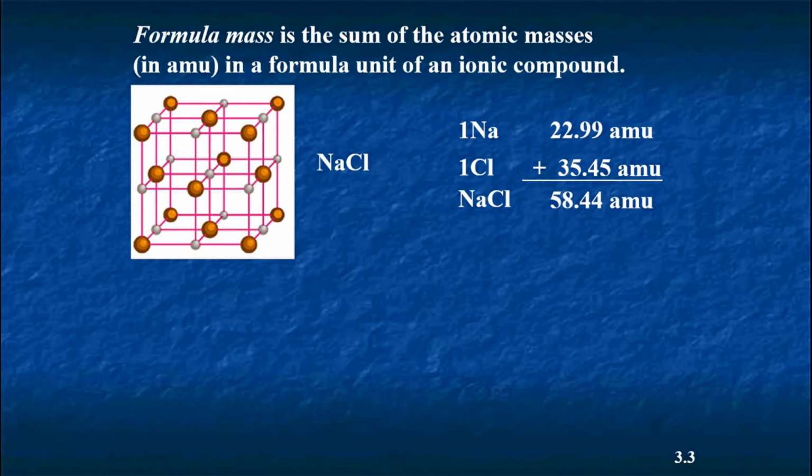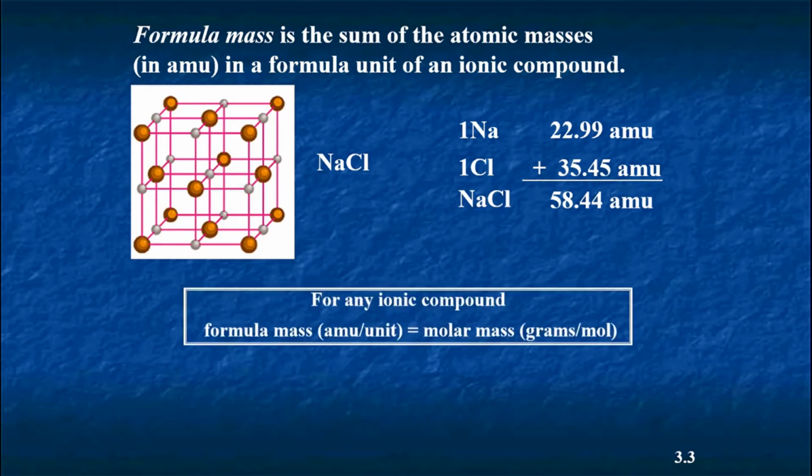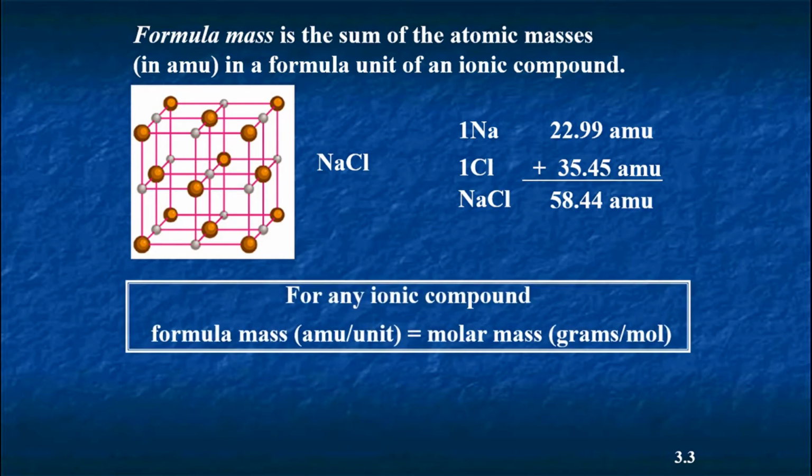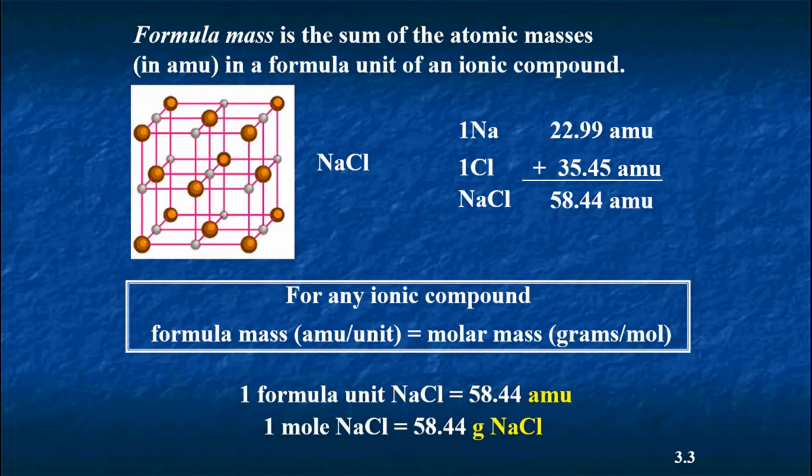This would be the formula weight or formula mass of a single unit of NaCl. But once more, for an ionic compound, the formula mass in AMUs per unit is the same numerically as the molar mass, the grams in one mole. So one unit of NaCl is 58.44 AMUs. One mole of NaCl is 58.44 grams.